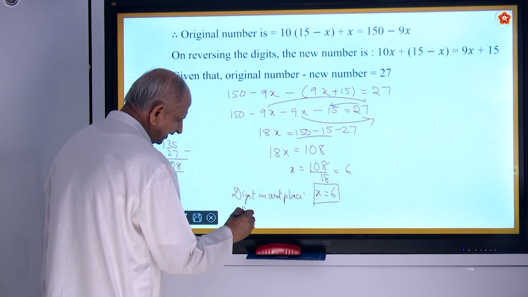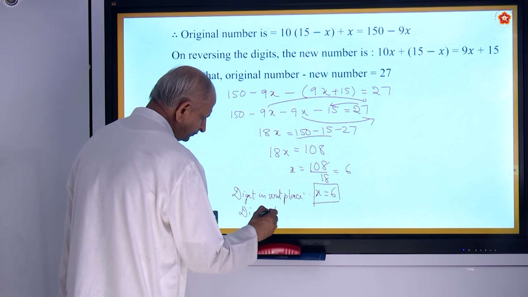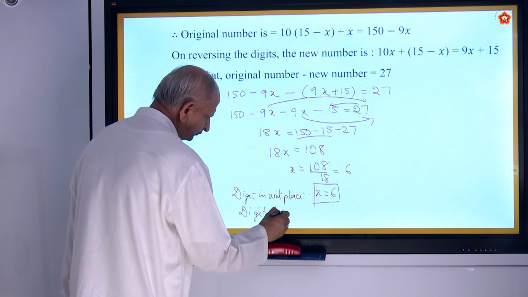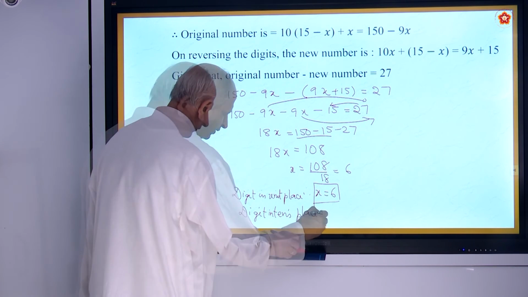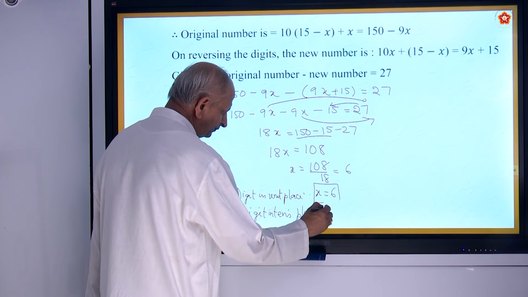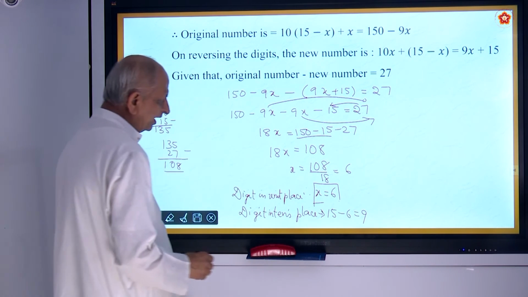Therefore, the digit in the tens place: the sum is 15, they have given. 15 minus 6, that is 9. So what is the number now?